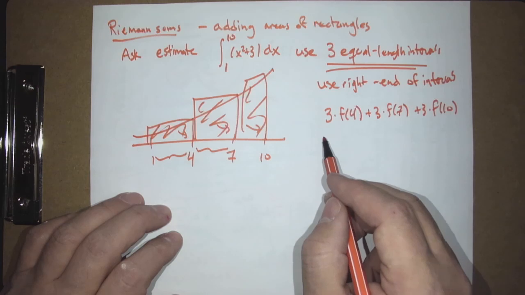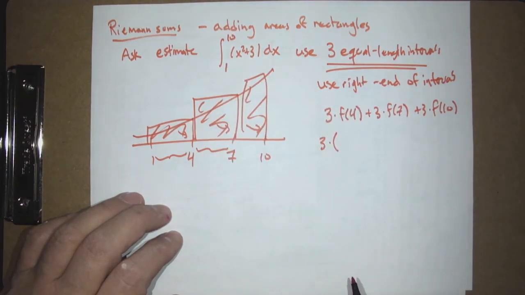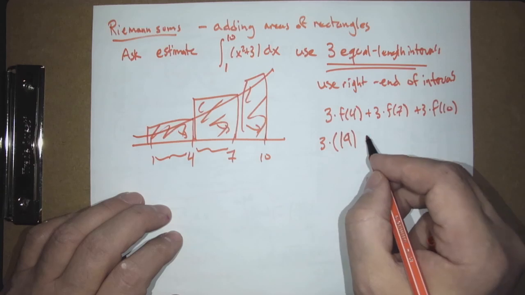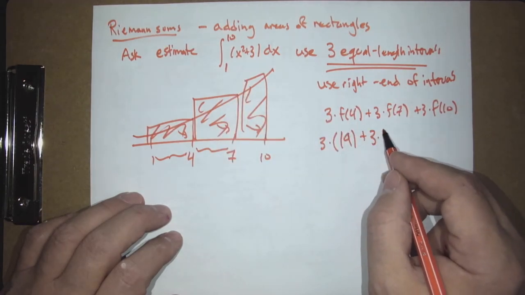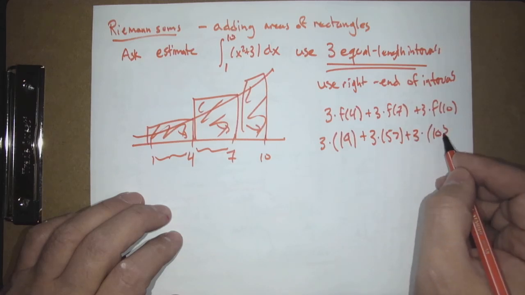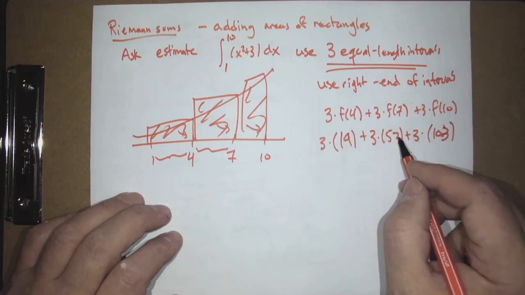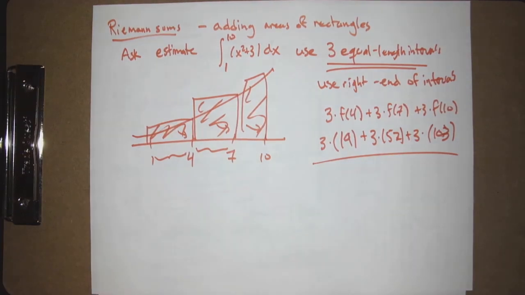So if you kept going, 4 squared plus 3 is 19. 7 squared plus 3, beautiful number, 52. And 10 squared plus 3 is 103. We've had problems that are basically just that. So that's one type of question with Riemann sums.